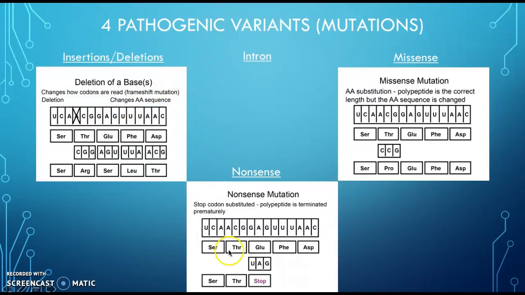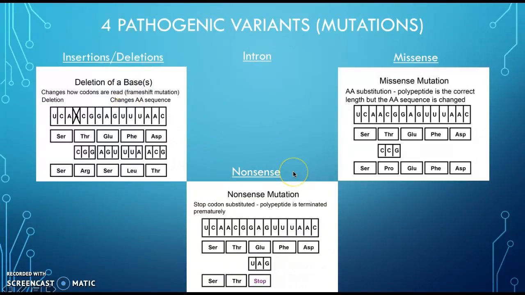Another 1/3 of the variants is caused by nonsense mutations, in which a sense codon is converted to a nonsense codon or stop codon, which terminates translation, resulting in a truncated BLM protein. 1/6 of the variants is made up of missense mutations, in which there's an amino acid substitution, and this produces a non-functional BLM protein. And then there's intron variants making up the last 1/6 that cause splicing defects.